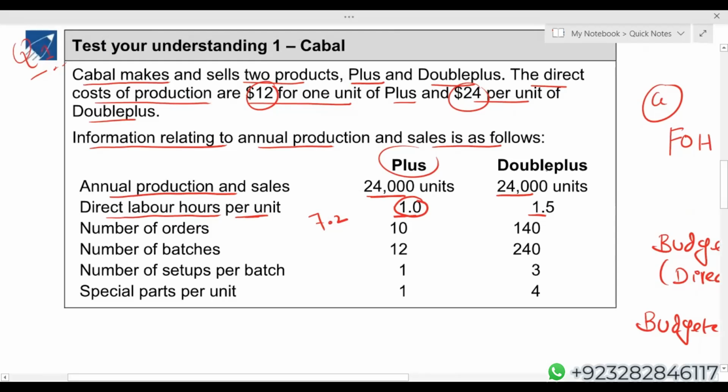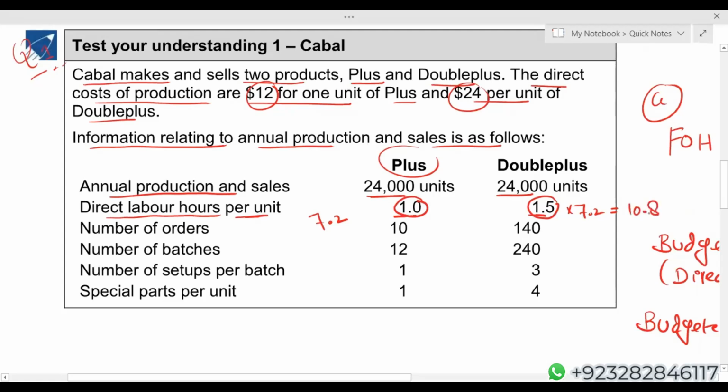But 1 unit of double plus takes 1.5 hours. So 1.5 into 7.2 will give you the production overhead per unit. For double plus, production overhead per unit is 10.8.